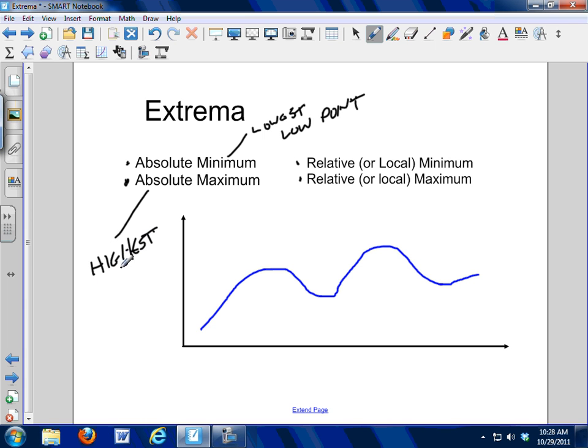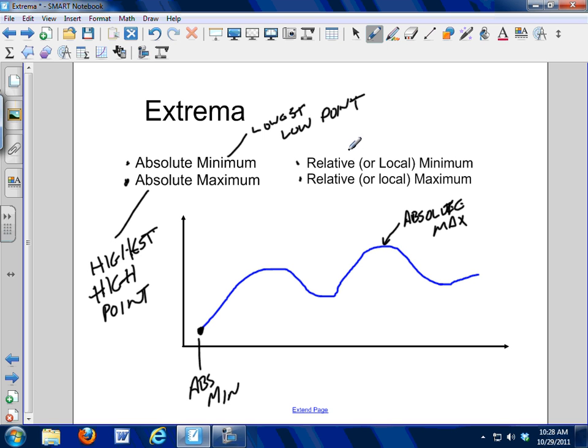My lowest low point looks to be about here, so that's my absolute minimum. My highest high point, if I was guessing, would be about there, and I'm going to call that my absolute max.